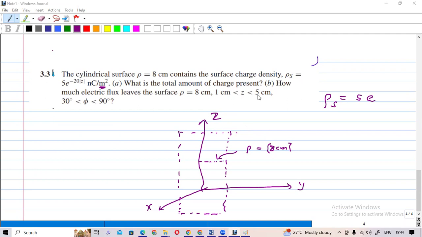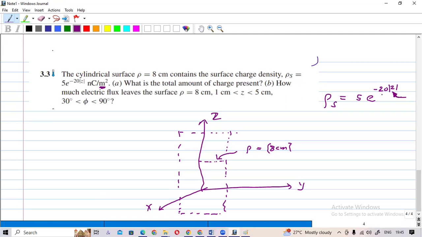So that is 5E minus 20. This is a magnitude descent. Okay, we will try to do this.